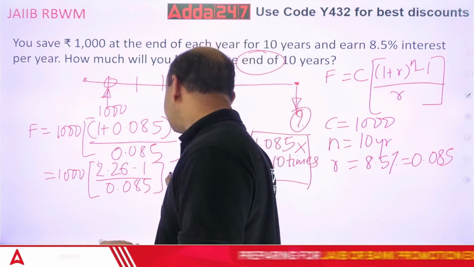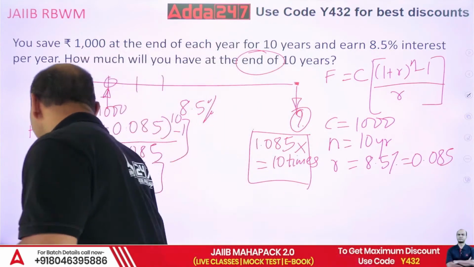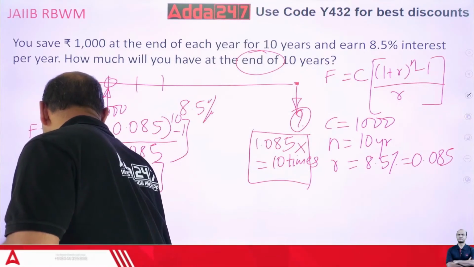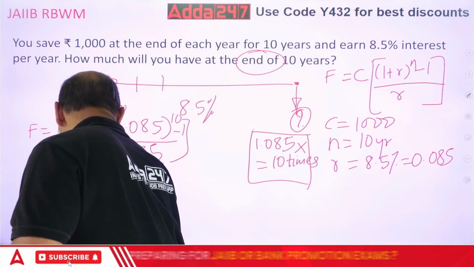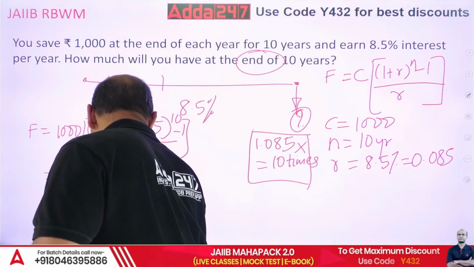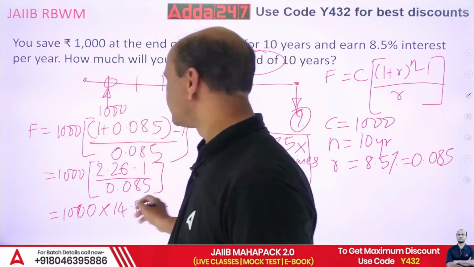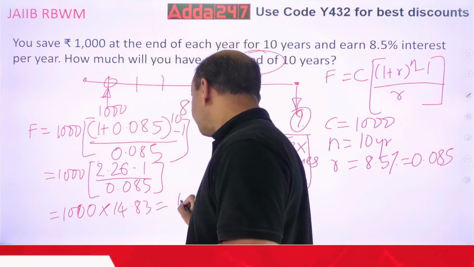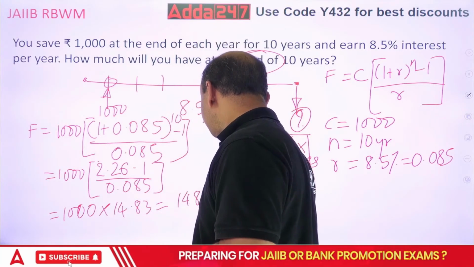So it is 1000 into 14.83. Multiply this with 1000, so that is 14,830.